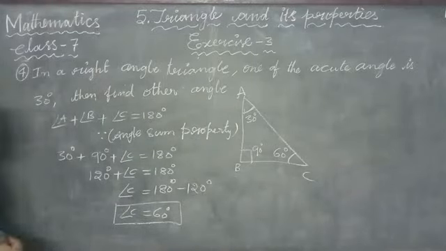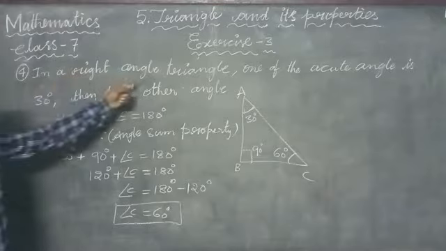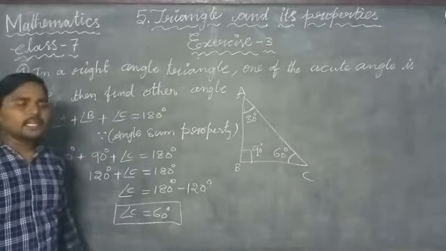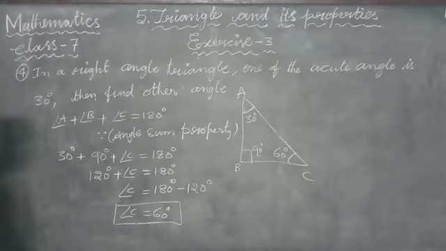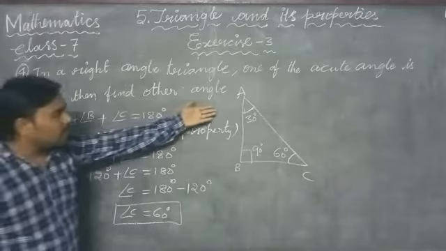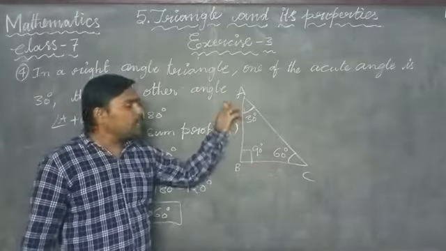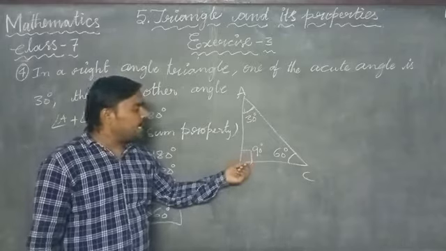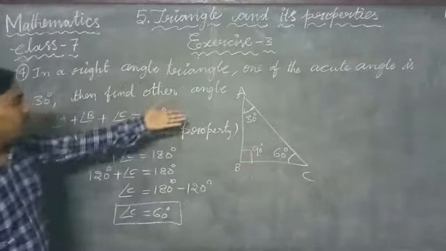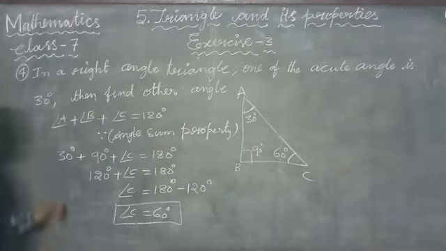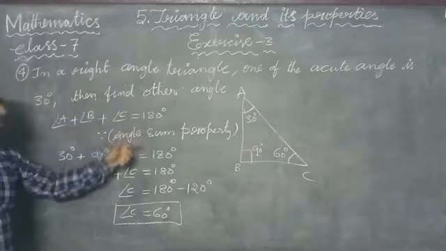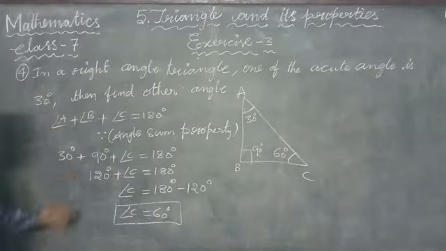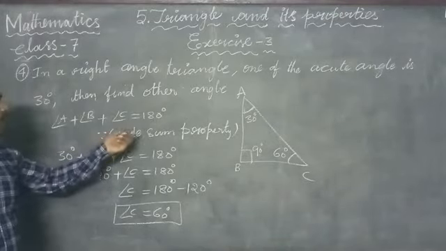Okay, once again I am saying, in a right angle triangle, one of the acute angles is 30 degrees, then find the other acute angle. Let us draw the right angle triangle ABC, with the right angle at B. From triangle ABC we can write angle A plus angle B plus angle C equals 180 degrees, from the angle sum property of a triangle.